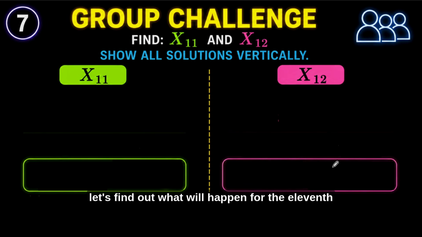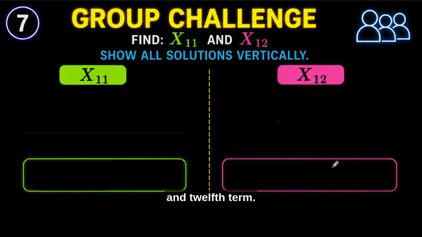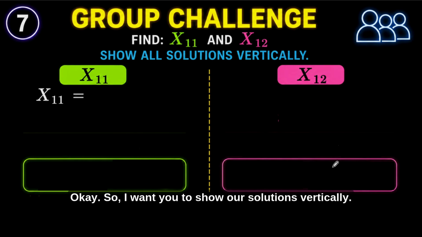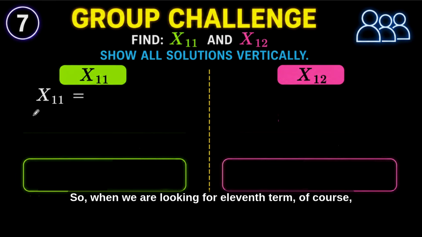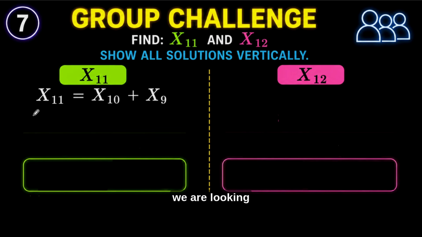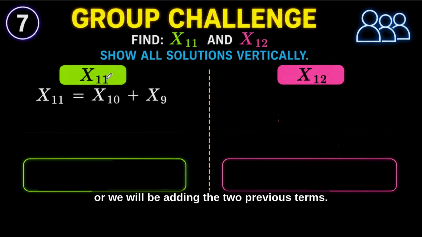So now, let's find out what will happen for the 11th and 12th term. I want you to show our solutions vertically. When we are looking for the 11th term, we will be adding the two previous terms, which are the 10th term and the 9th term.